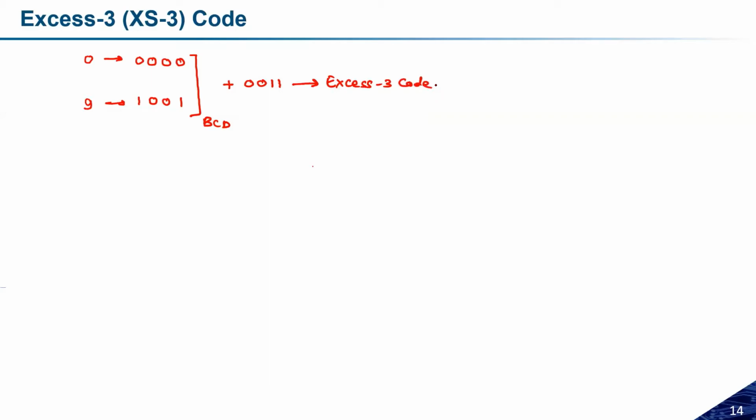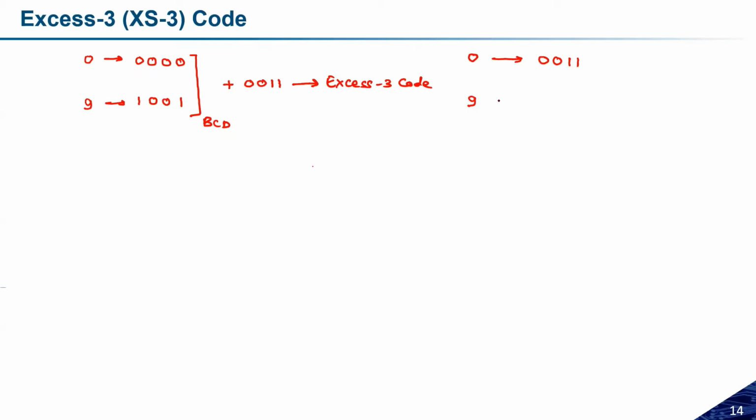Now, in the Excess-3 code, the equivalent for 0 becomes 0000 plus 0011, which is 0011. And for 9, we have 1001 in BCD, and I need to add 0011.